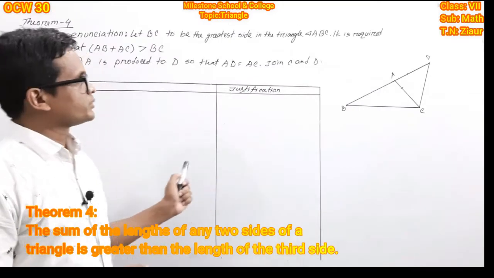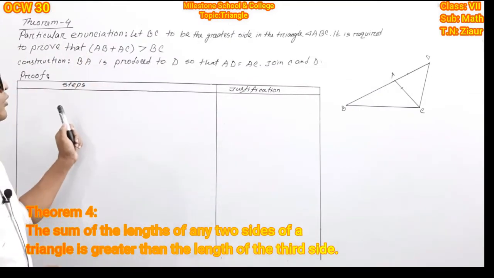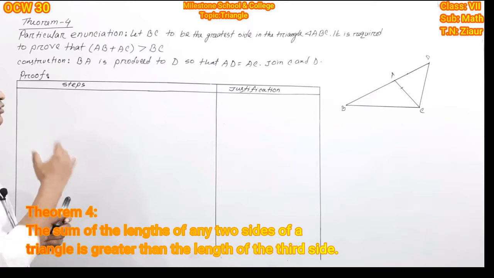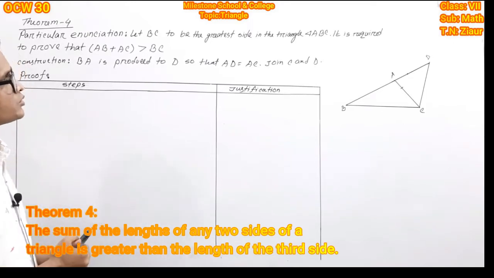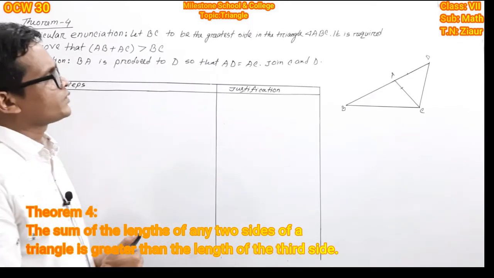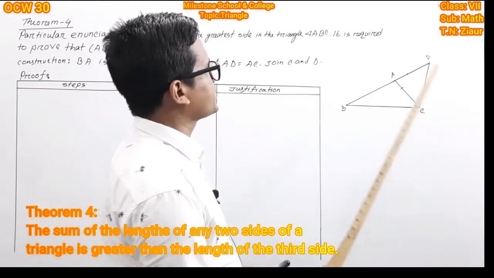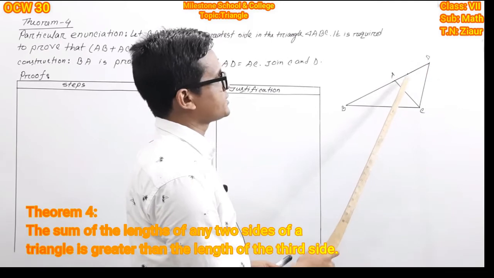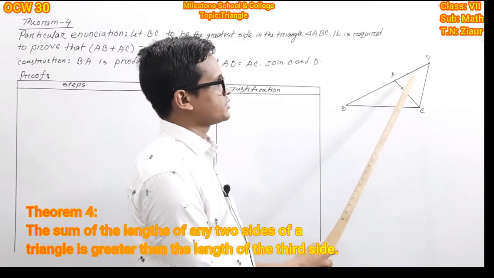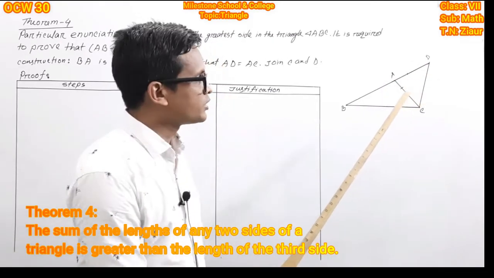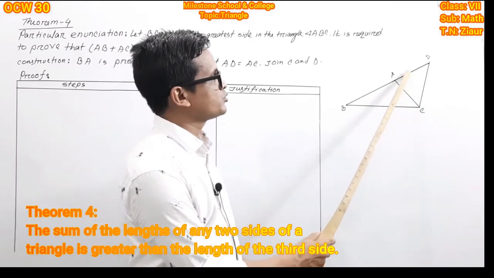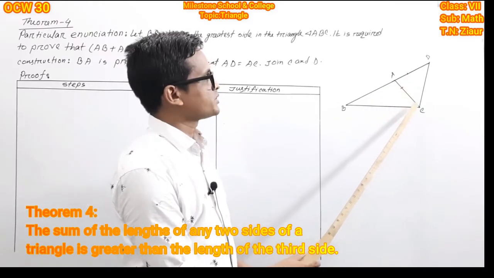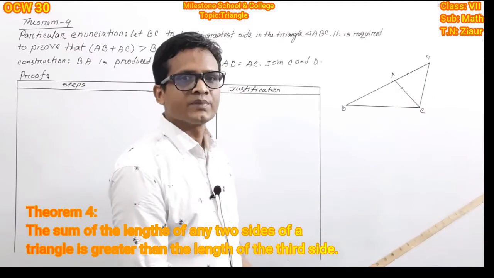Now we have to prove this one. Already I have drawn this one. First you will write the step and justification. First we take triangle ACD. This side and this side are equal, right? In the previous review lesson I already told you that when two sides are equal, the base angles are equal.